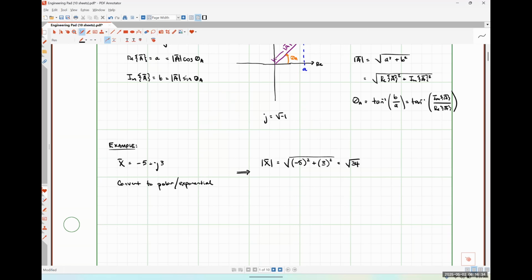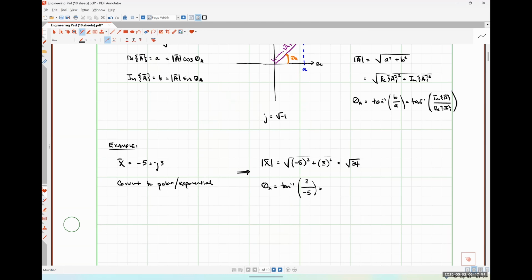But if we were to calculate our angle, theta x, that would be the inverse tangent of our imaginary part, which is 3, divided by our real part, which is -5. So I want you guys to throw this operation into your calculator for me and confirm that you get the same result that I do.